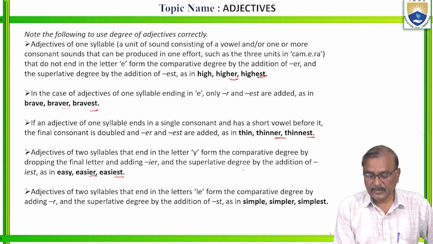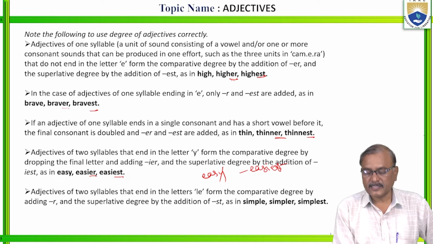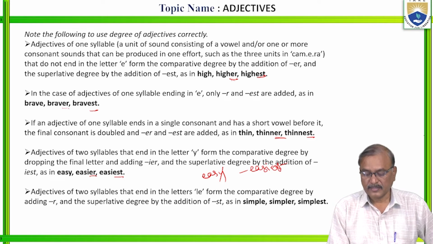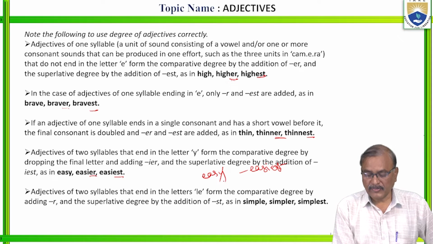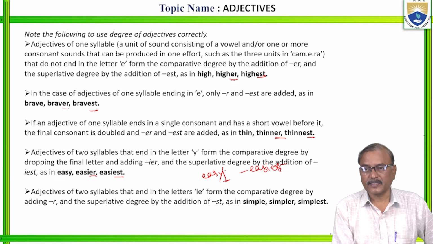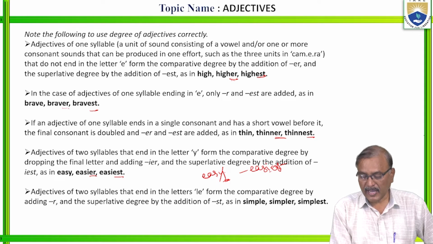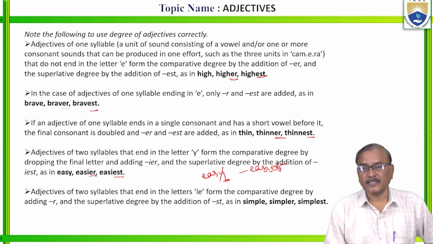In easy, what is happening? We are removing this Y and adding IEST, easiest. When Y comes after a consonant, if there is a consonant before Y, remove Y and add IEST.